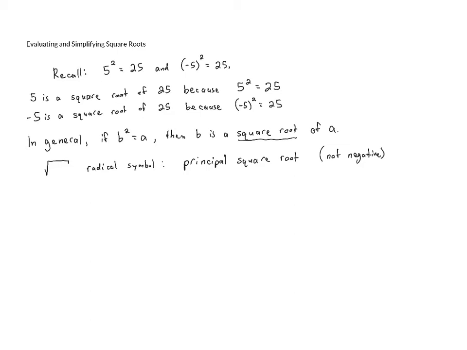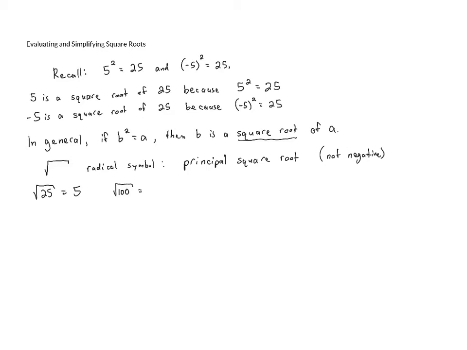So if we had the square root of 25, that would be 5. If we had the square root of 100, what number can we square to get 100?